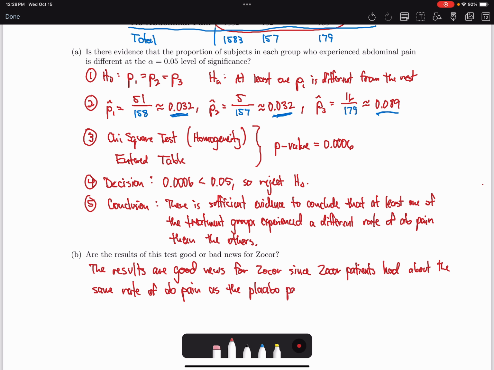In other words, the patients who didn't even take any real medication. So Zocor patients have about the same rate of ab pain as the placebo patients, and significantly less ab pain than the cholestyramine patients.